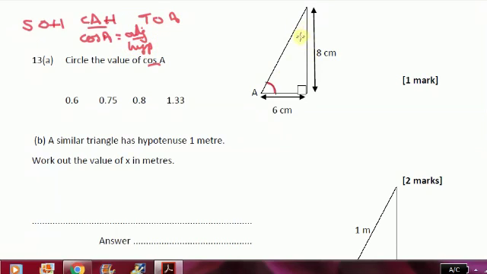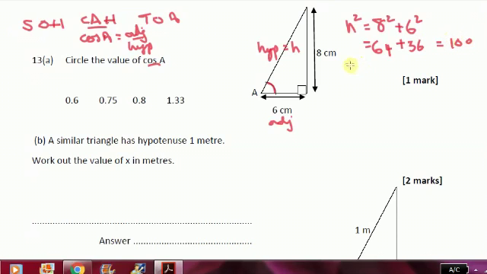So looking at the triangle, the side adjacent to the angle is that 6 centimeters, that is the adjacent. But the long side is the hypotenuse, and we don't know what that is yet. Let's call it h. Then h squared, because it's Pythagoras' theorem, it's a right-angled triangle, so h squared equals 8 squared plus 6 squared equals 64 plus 36 equals 100.